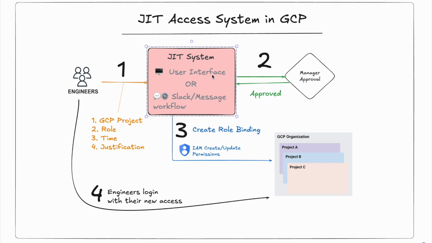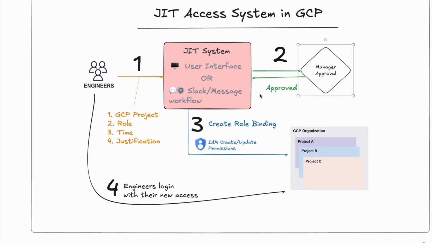Whatever fits your organization. Before granting access, the JIT system could also have an approval workflow using either the user's manager, or a designated admin or a team lead. Once this request is approved, the system creates a temporary IAM binding, right?